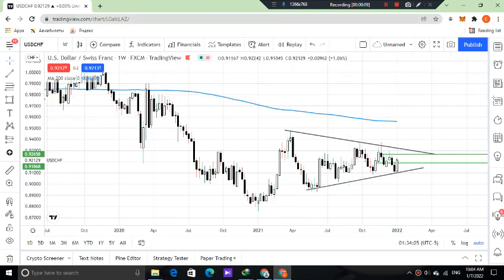As you can see, USDCHF, US dollar and Swiss franc in, as usual, weekly time frame.